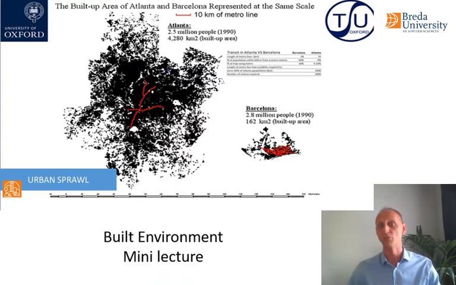Actually there was 10% more in Barcelona, but it's a huge difference in area that these cities need to house all these people. Now that has a few big advantages, because when you live in Atlanta you will probably live in a large home with a big garden around it, and there's a lot of open space, so that can be really nice.